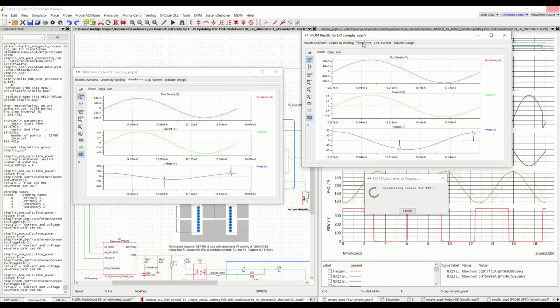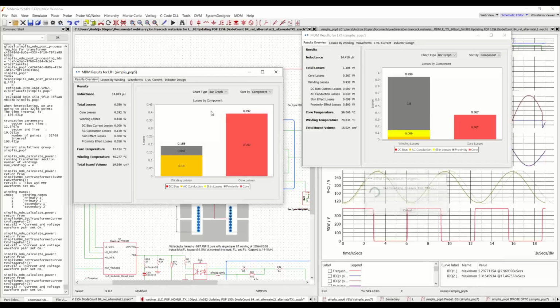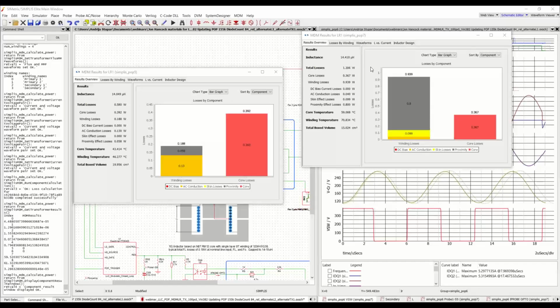Let's check if that's the current one. Yeah. So it's not quite 3 times worse in terms of losses, but a bit under a watt increase here, 0.8.